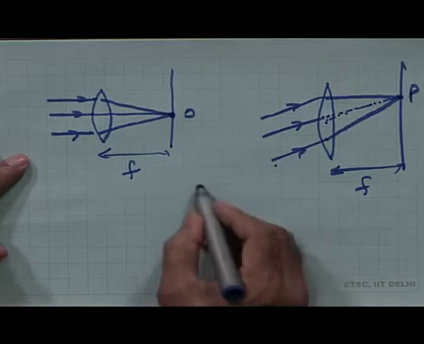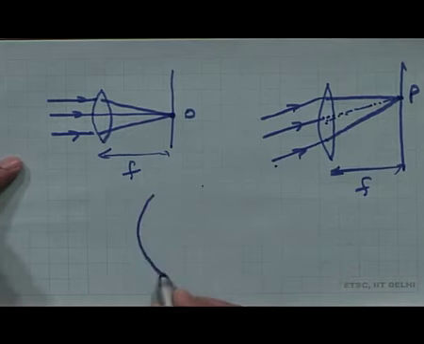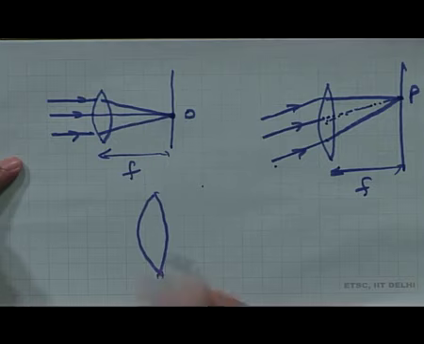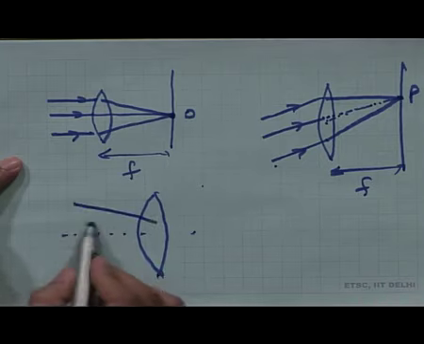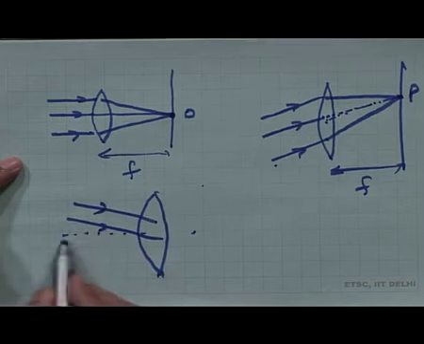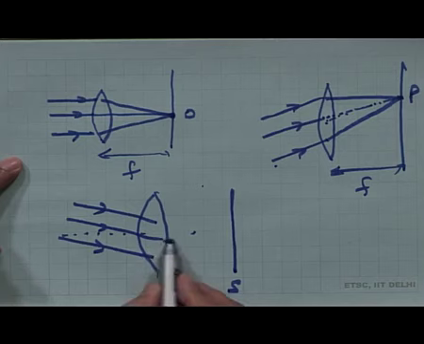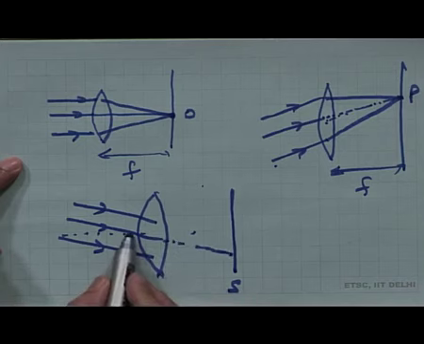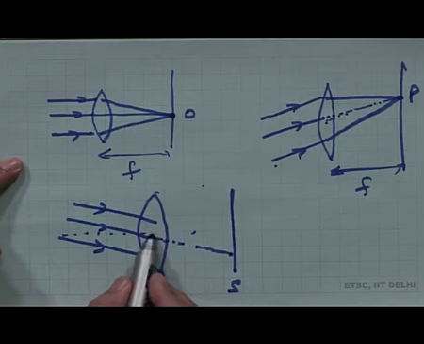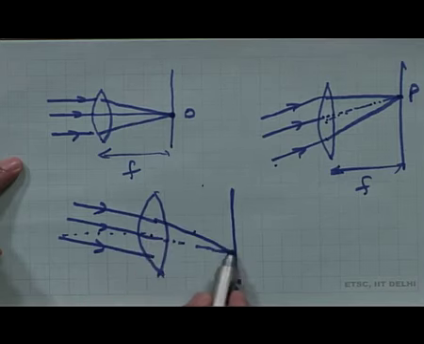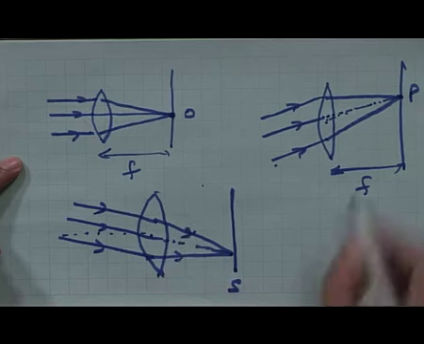If I consider a set of plane waves or parallel beams traveling like this, and I keep a screen here, they will all focus at this point, because the ray which passes through the midpoint, or the pole, does not deviate, and therefore the others will all focus to that point.